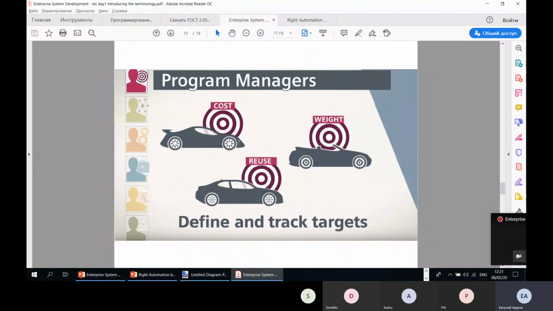Here is an automotive example, but today some kinds of electronic products such as smartphones and laptops are also very popular.